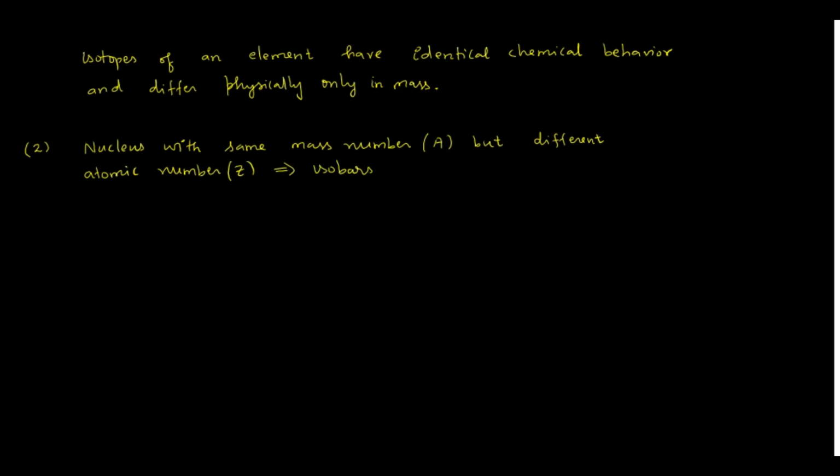Okay, so the nucleus with the same mass number but different atomic number. So here, if you consider this Z and A, this Z will be different, and this A, the mass number, will be the same.